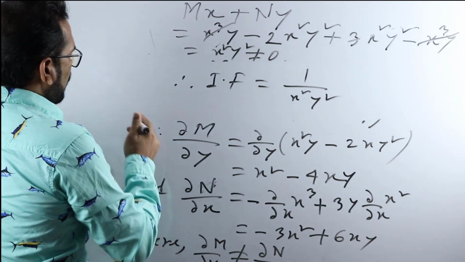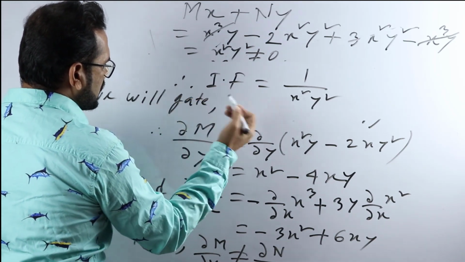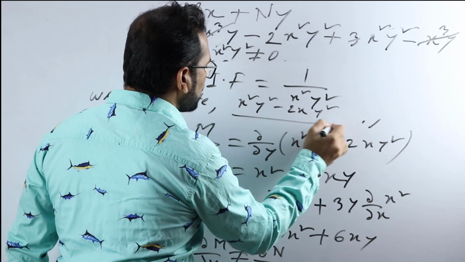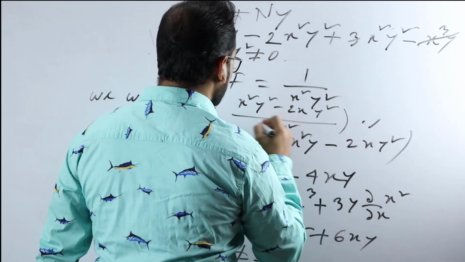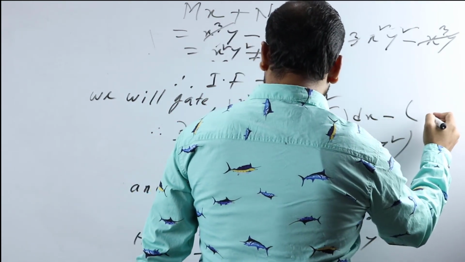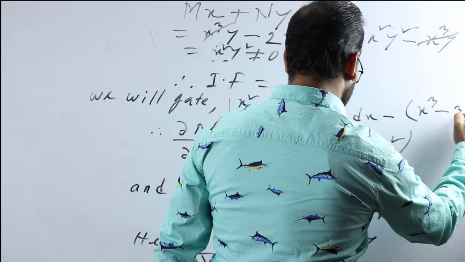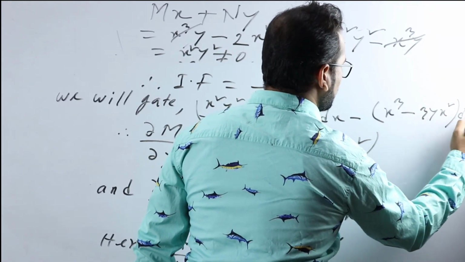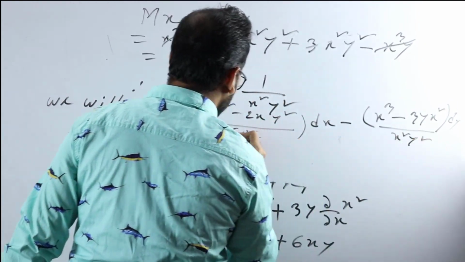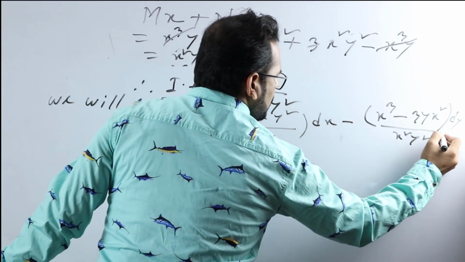That is, we will get (x square y minus 2x y square) divided by x square y square dx minus (x cube minus 3y x square) dy divided by x square y square is equals to 0.